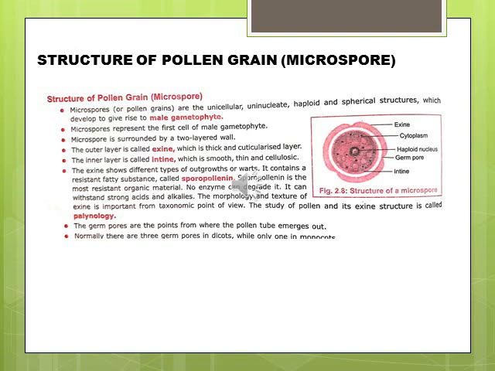As we know, exine is thick, but the points or gaps where exine is absent, we call it germ pore, and this is the region from where the pollen tube will emerge out after pollination. And normally there can be 3 germ pores in dicots, and it can be 1 in the case of monocots.